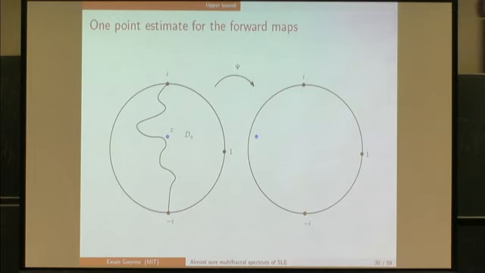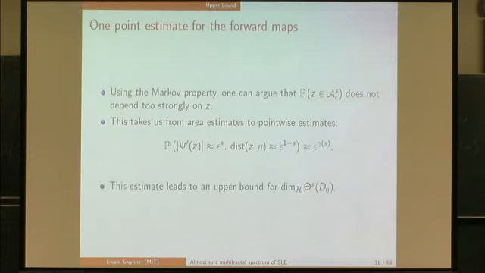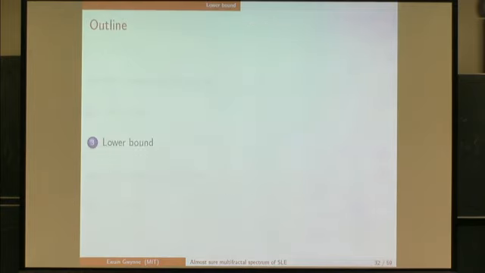And so here we get the probability that this point z is close to the curve, and that the derivative of this map has the desired behavior, is proportional to epsilon to a certain power, which depends on s and kappa. Right, and so then these estimates eventually give us the upper bound for the dimension of the subset of the curve. And so then this completes the proof of the upper bound for the integral mean spectrum.